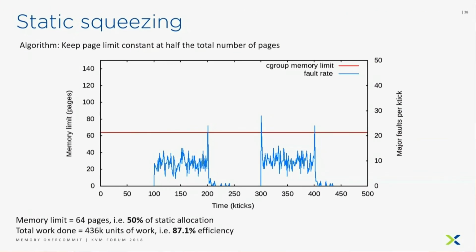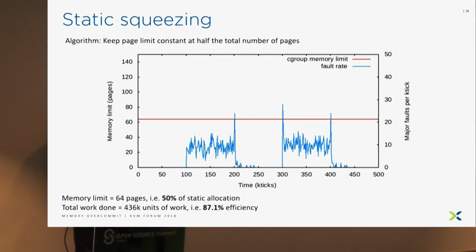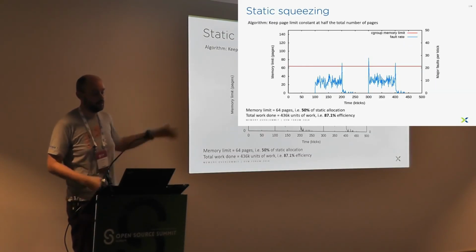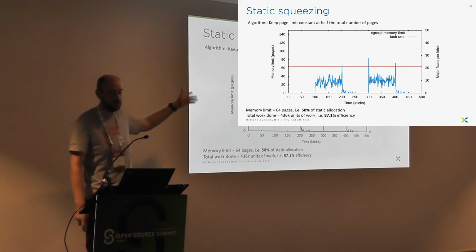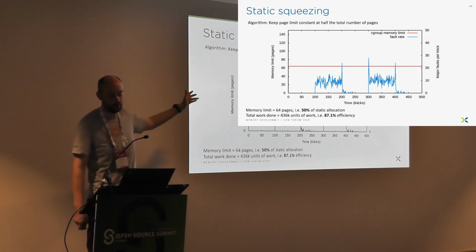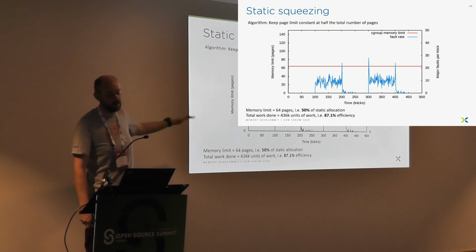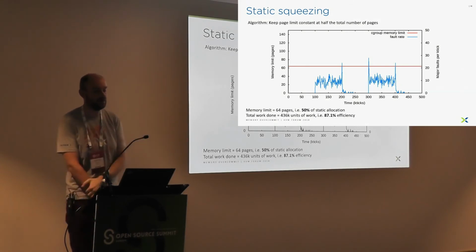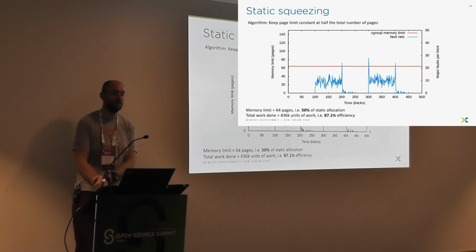Let's start with the simplest squeezing algorithm that you can imagine, which is static squeezing. So I'm simulating here a guest of 128 pages. I mean, the units here are arbitrary, but 128 pages, and we're going to squeeze it at 50%, which is 64 pages. How does it respond?